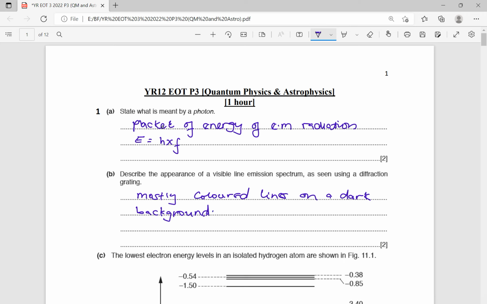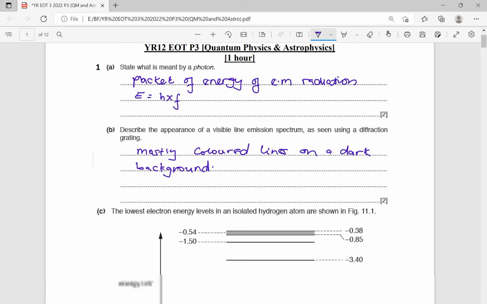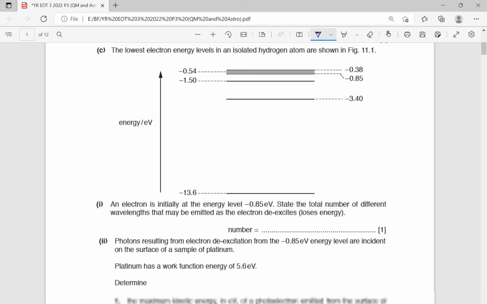If it was a line absorption spectrum, then there would be mostly darker lines on a bright background. So that is for an absorption spectrum.